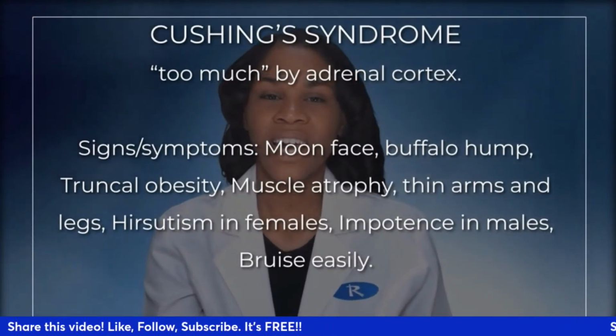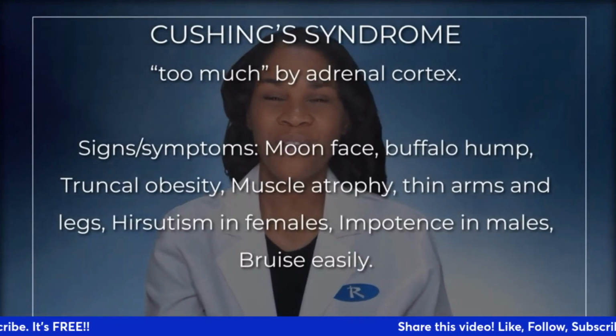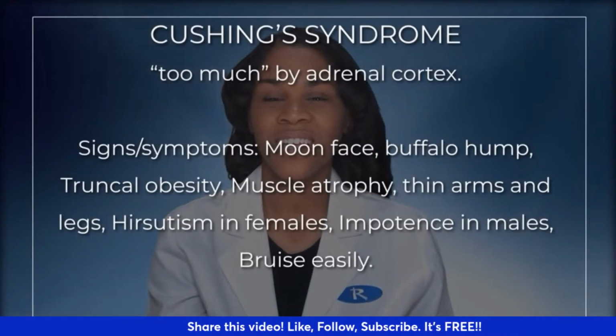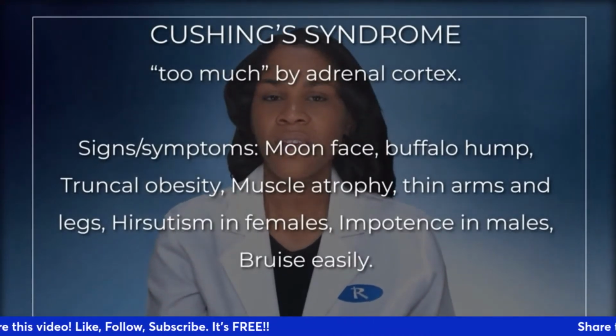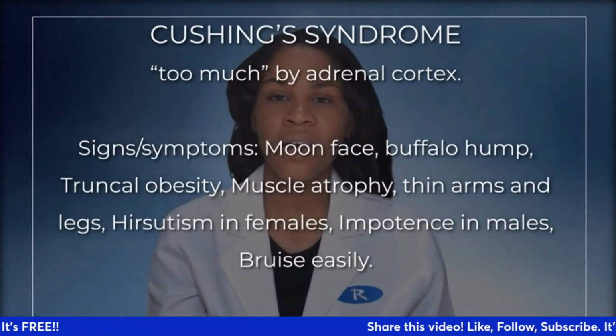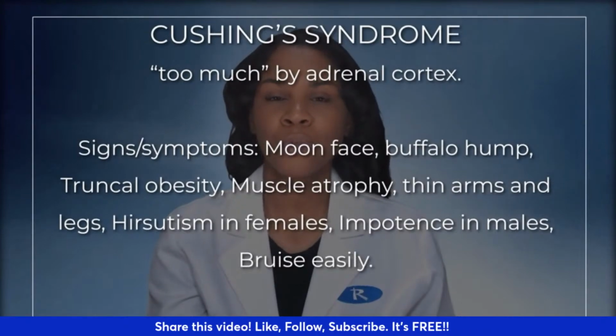So when a client has Cushing syndrome, you will see that moon face, buffalo hump, truncal obesity. They'll have muscle atrophy, so they'll have thin arms and legs, hirsutism in the female, impotence in the male, and they will bruise pretty easily.